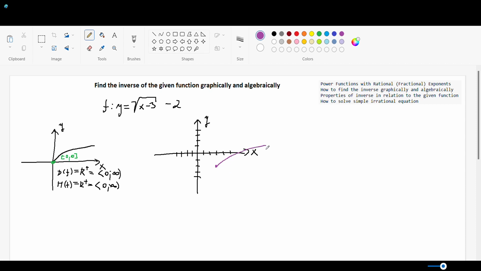What I find quite important now, and here we will use the knowledge of how to solve a simple irrational equation, is that it would be really nice to find where the intercept of our function with the x-axis is. As we already know, the points which are part of the x-axis have the second coordinate being 0.